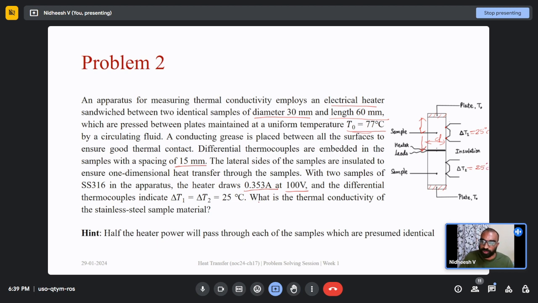Now for such a given configuration, we are being asked to find out the thermal conductivity of the stainless steel sample material. That means for this cylindrical sample material, we need to find out the thermal conductivity. Just read through the question once, take 2 minutes, try to understand the question, and if you don't understand the question, just let me know. Go through the question once.